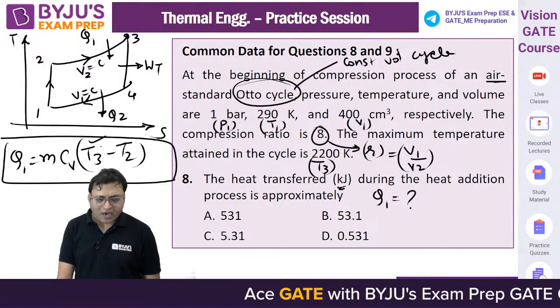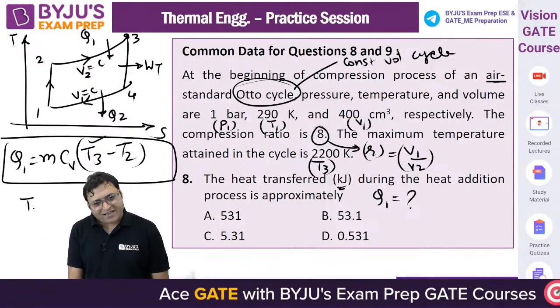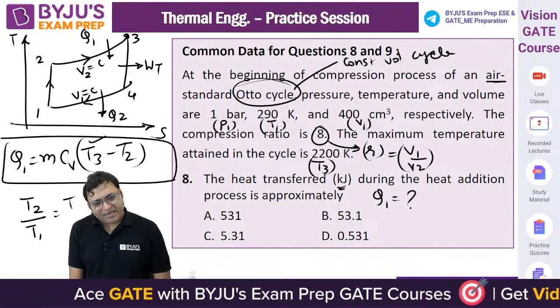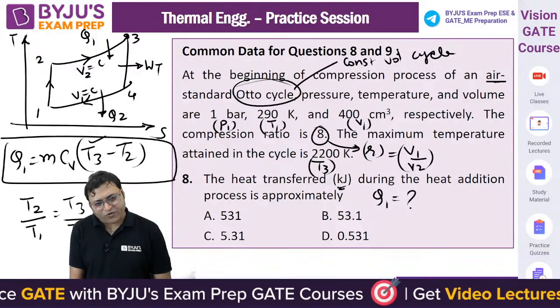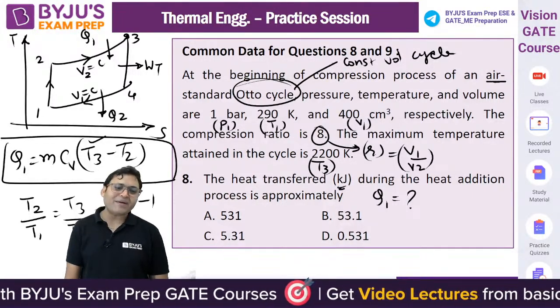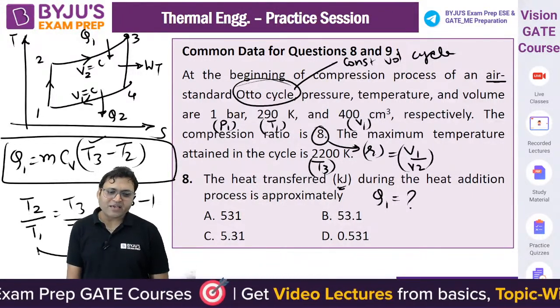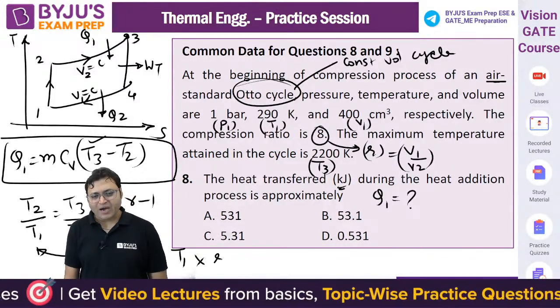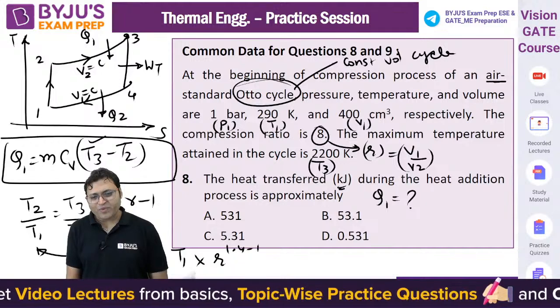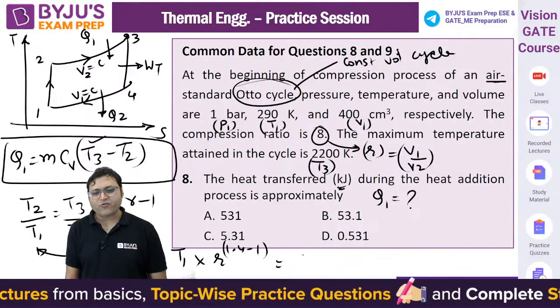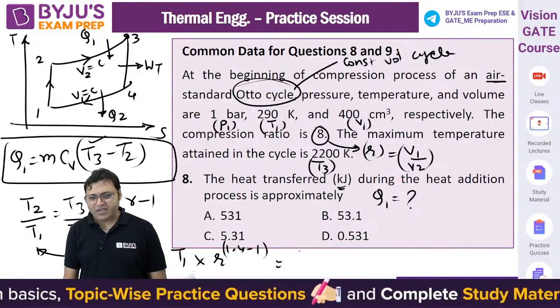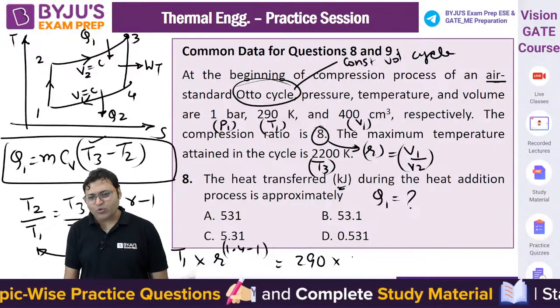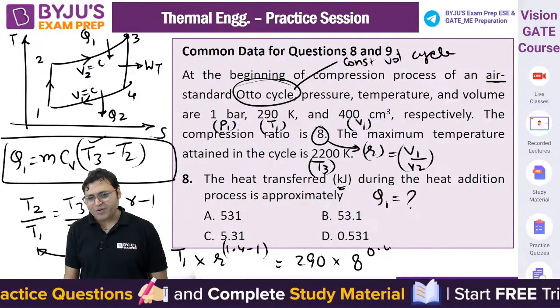T3 is known. How to find out T2? Can we say T2 by T1 is equal to T3 by T4 is equal to R to the power gamma minus 1? So from here we can find out T2. T2 is equal to T1 into R to the power 1.4 minus 1. Gamma for air is 1.4. The value of T1 is 290 into R is equal to 8 to the power 0.4.